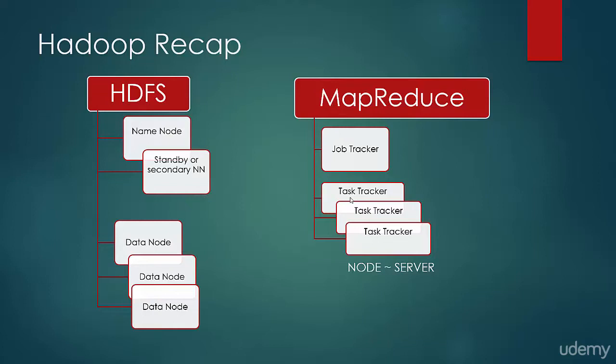Once map tasks complete their work, or at least a major portion of map tasks complete their work, reducers work on the output generated by the map tasks. After reducers complete their work, output can be returned either to HDFS or to a normal file system. This completes a quick recap on Hadoop.